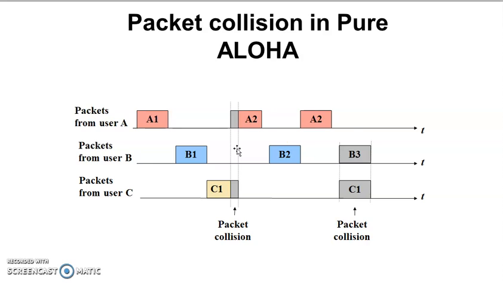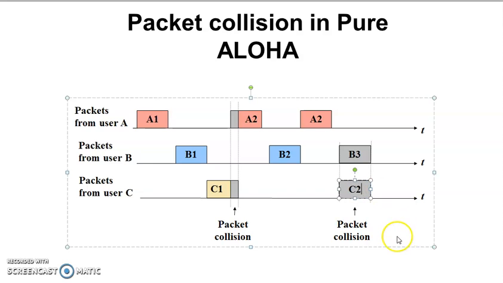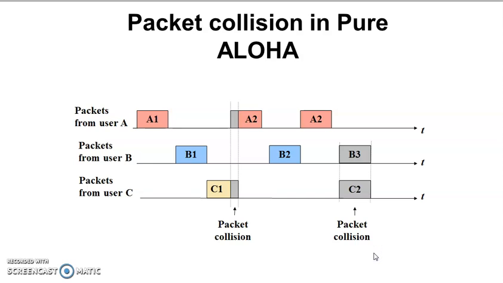In the second instance, a collision takes place when both B and C transmit their packets, B3 and C2, resulting in a complete overlap of the packets.